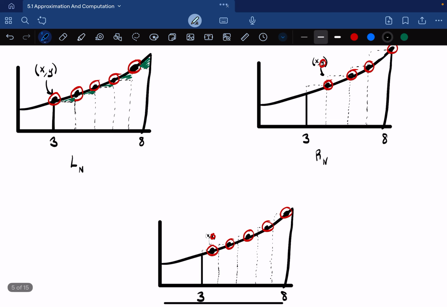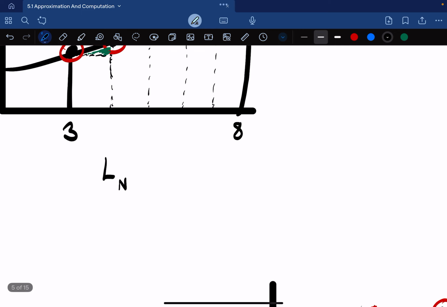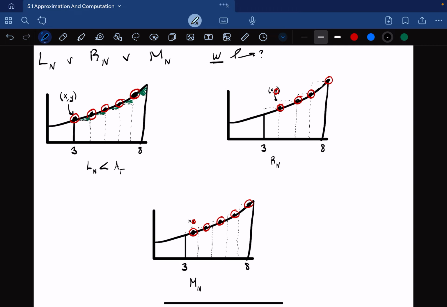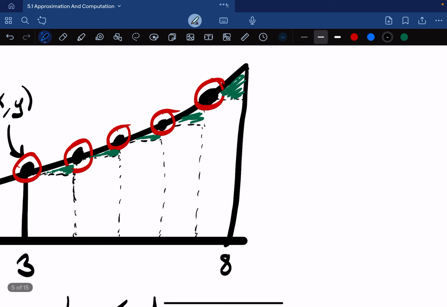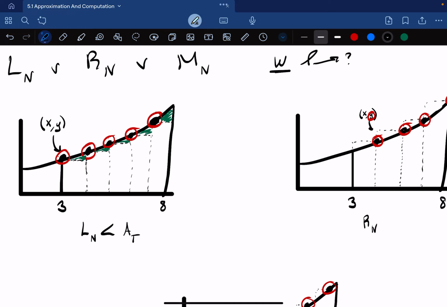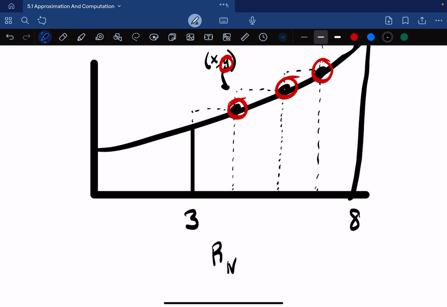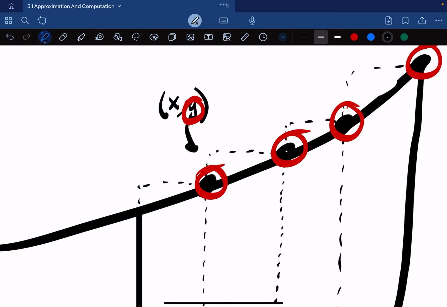This means that in this specific case, our left end approximation is going to be less than the total area. Why? Because there's these pieces of area that we don't account for. And that is why this left end estimate is going to be slightly lower than the actual area.